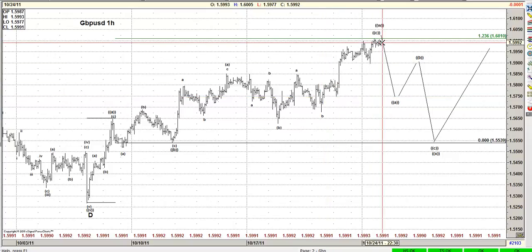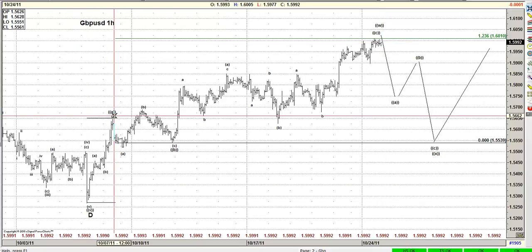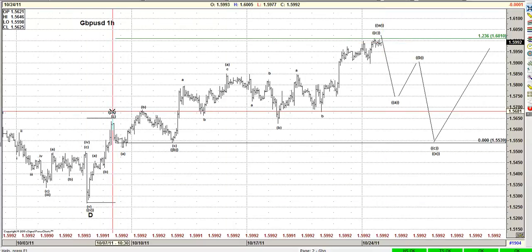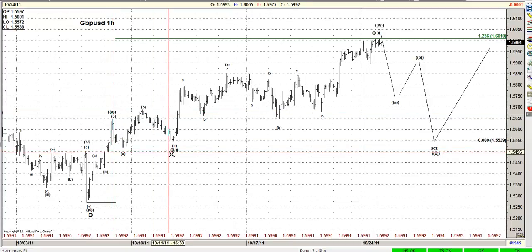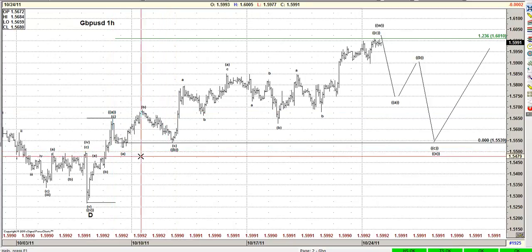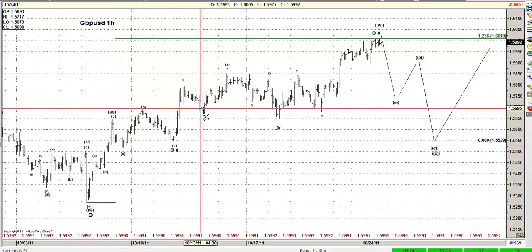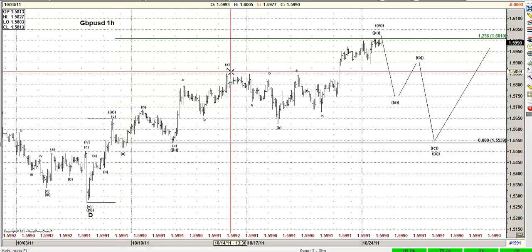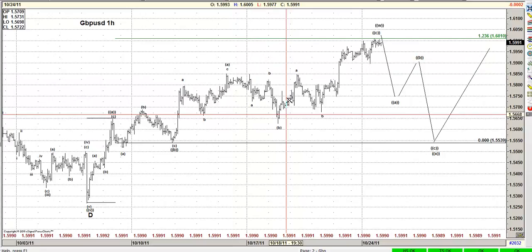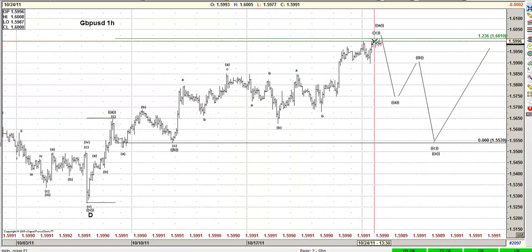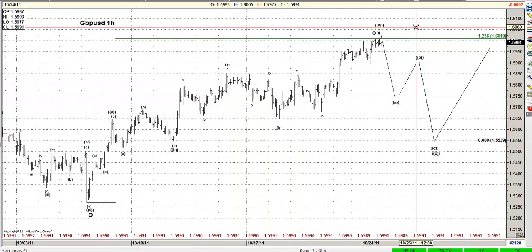And the alternative is that in cable we have A, B, C, and then this is A, this B is right here, and then we got 1, 2, 3, 4, 5. If that's the case, we got a B, and then 1, 2, 3, 4, and 5, allowing another high in cable.